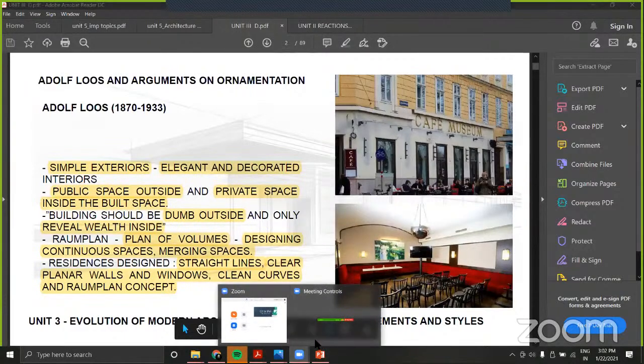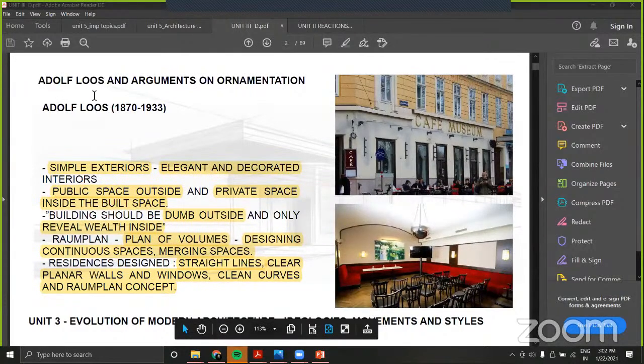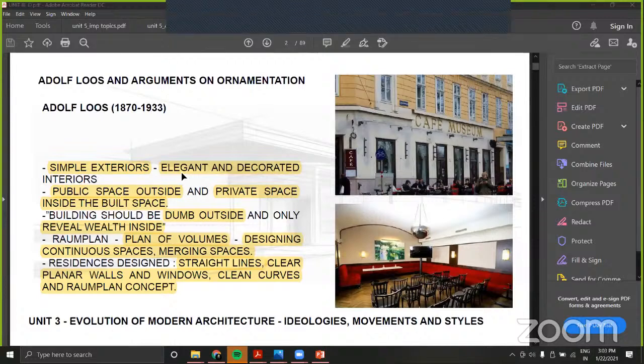So we will start with Adolf Loos and his arguments on ornamentation. Adolf Loos practiced architecture from 1870 to 1933. He designed simple exteriors with elegant, decorated interiors.